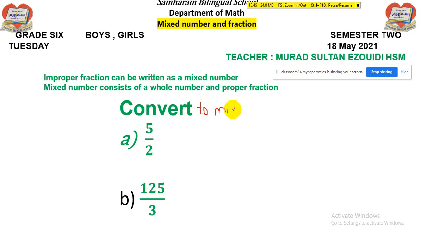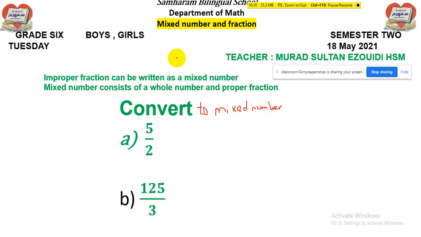Okay, first of all, my learners, before starting to solve this question, I prefer to make a recap for you about the improper fraction and mixed number. We said that an improper fraction can be written as a mixed number.